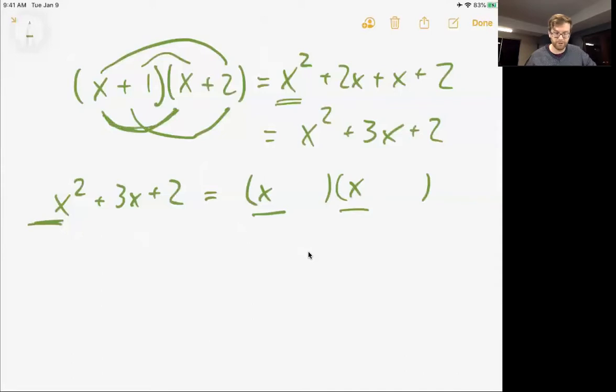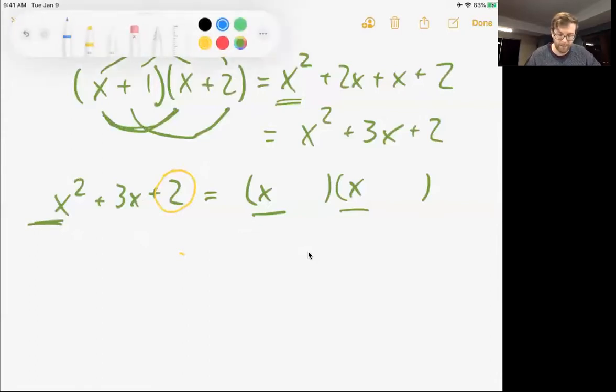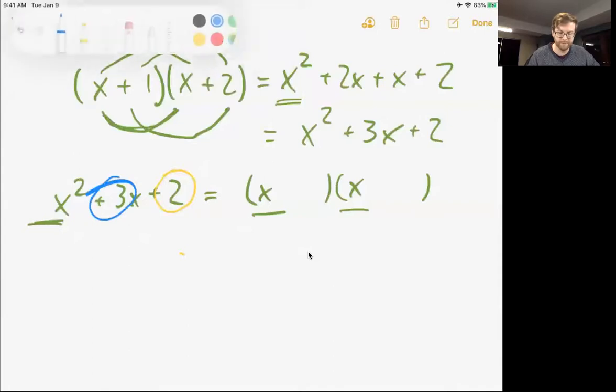And then what we have to do is identify some numbers which when they're multiplied together equal 2, and when they're added together they equal 3, okay?